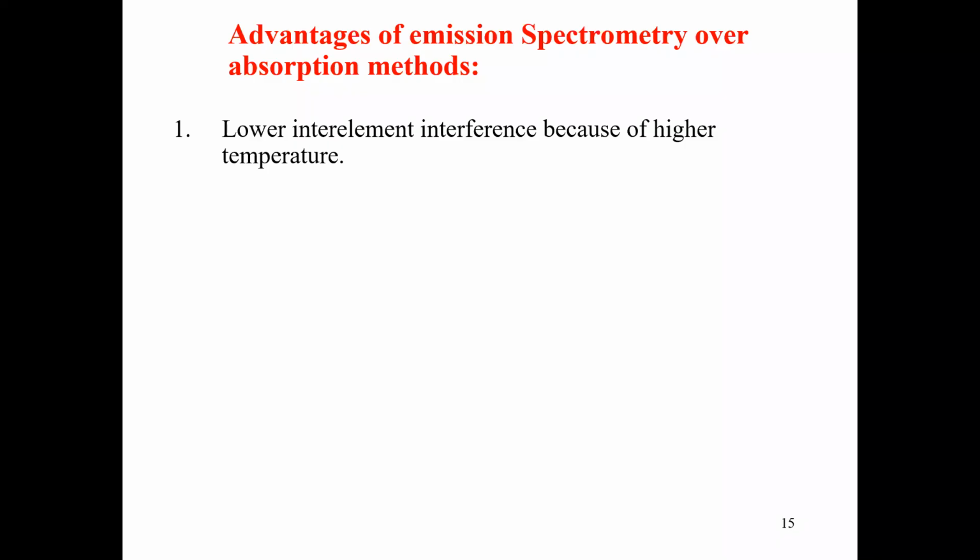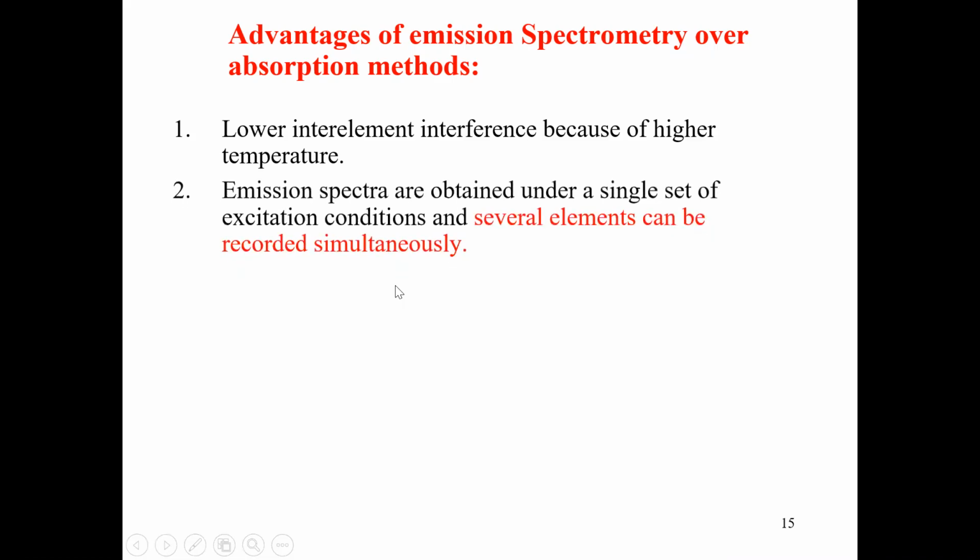So spectral interferences are there, but they are lower inter-element interferences because of a higher temperature. Number two, the emission spectra are obtained under a single set of excitation conditions, and several elements can be recorded simultaneously.